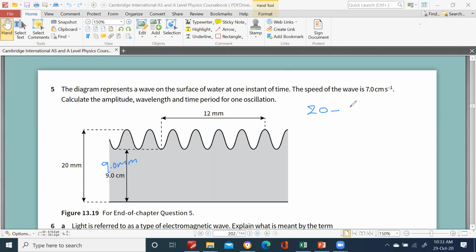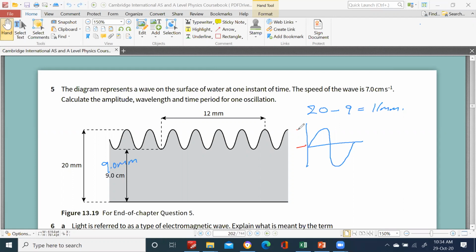The difference is 20 minus 9, which is 11 millimeters. Now to find the amplitude, 11 millimeters is the crest to the trough, the full distance from up to down. So for calculating amplitude, we'll do 11 divided by 2. That is nice. You can write that, to get 5.5.